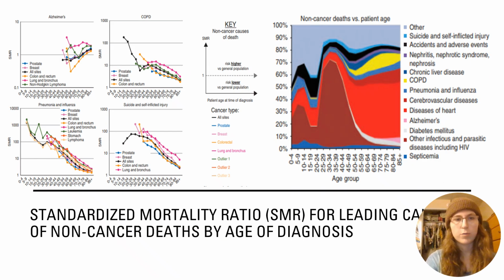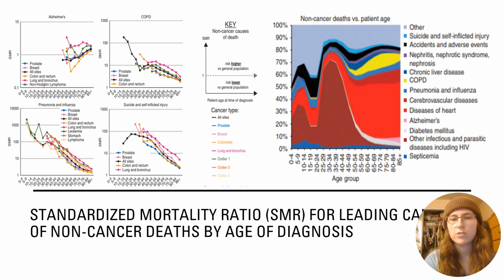So again, just zooming in on a couple specific graphs here. We still see this general trend of the decrease in non-cancer deaths, but the main exception here is Alzheimer's, and this is still something that's being pretty actively studied, but you are more likely to die from Alzheimer's if you are older.